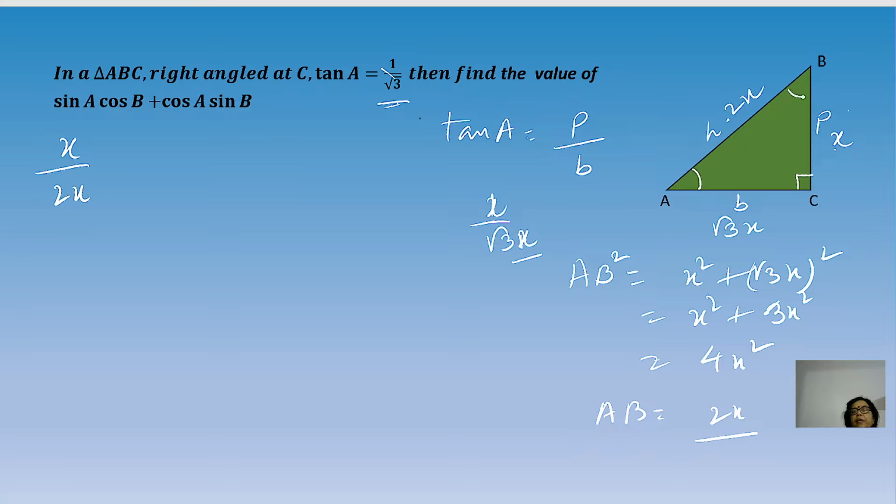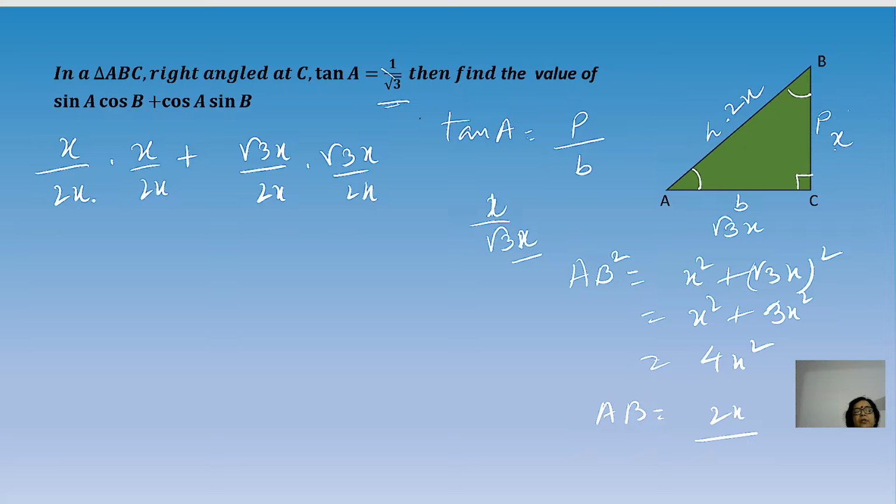Cos of angle B will again be x by 2x. Then cos of angle A will be equal to root 3x by 2x, and sine of angle B will also be root 3x by 2x.